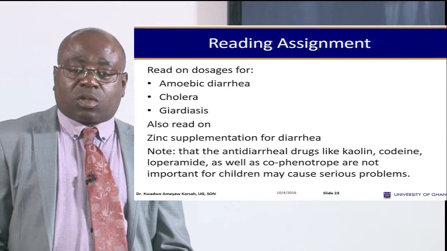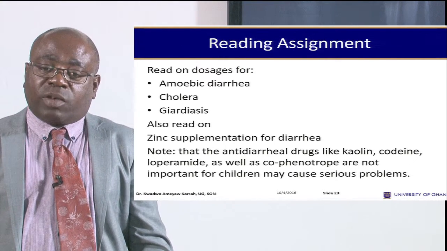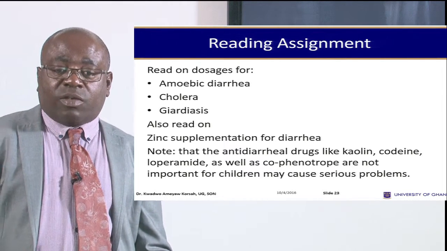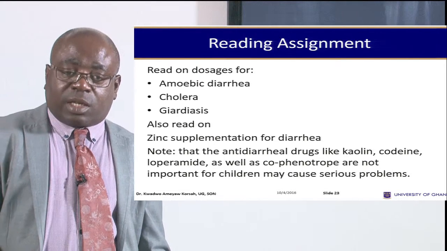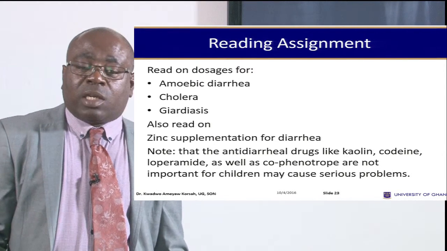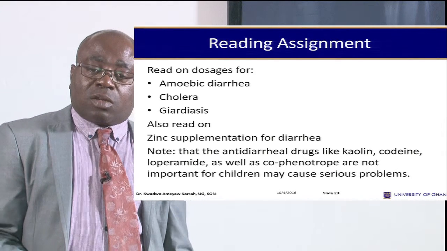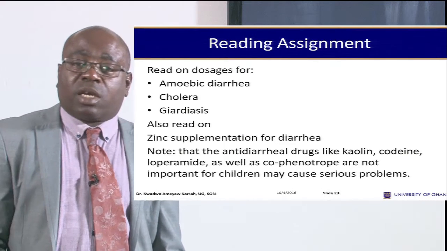So we don't stop diarrhea all of a sudden, but we try as much as possible to identify the causative organism and treat that as well. And then as we are giving fluids, that is very important. But to stop the diarrhea all of a sudden without killing or treating the microorganism is very dangerous. So drugs that can stop the diarrhea all of a sudden, we need to be extra careful about that.